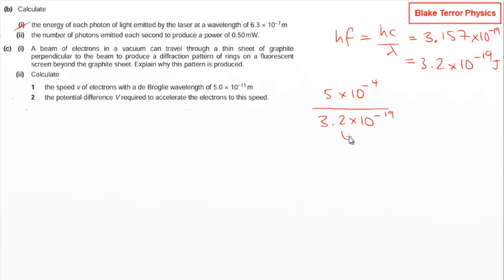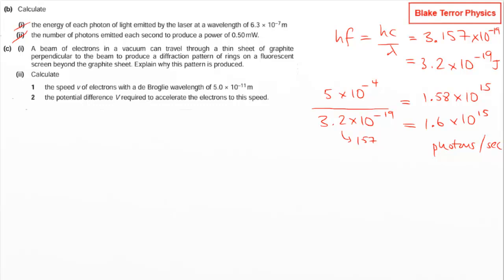Well, I used the 3.157 rather than the 2 to get a better answer, which is 1.58 times 10 to the 15. So 1.6 times 10 to the 15 photons per second. So these are pretty standard calculations thus far. Right, the last part then.